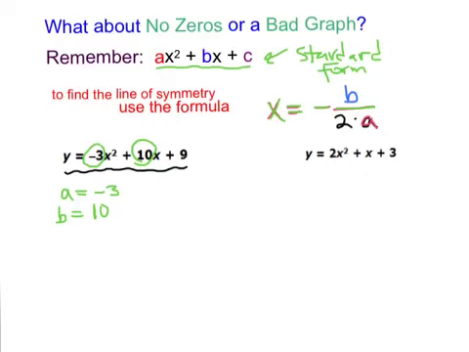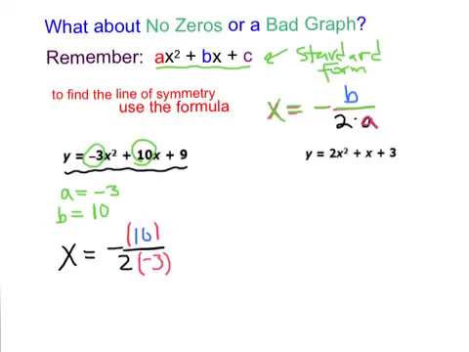And so we can just plug this into our formula and say x equals negative b, which is 10, divided by 2 times our a, which is negative 3. I'm going to put those in parentheses.